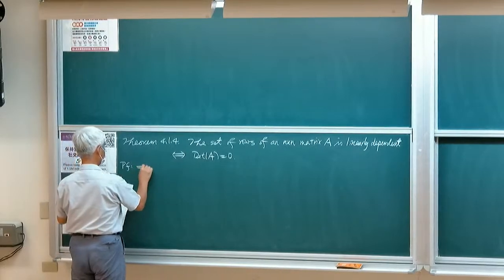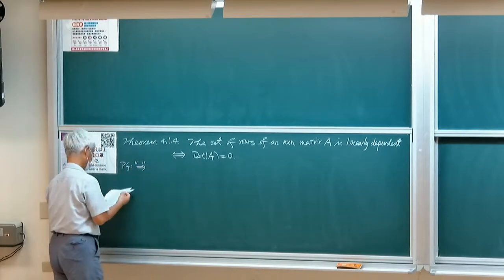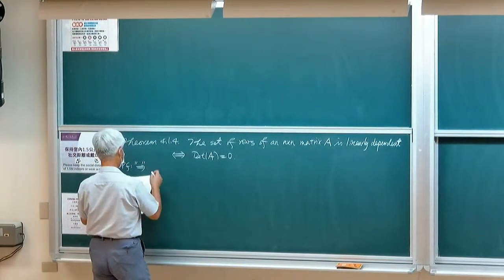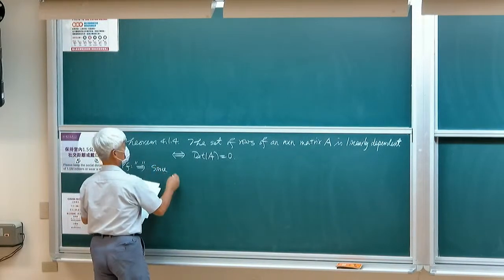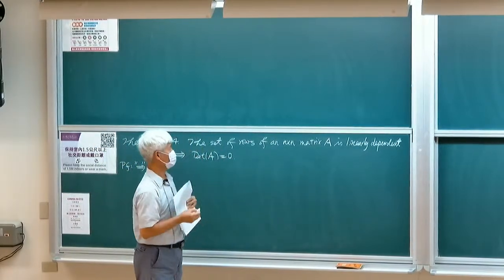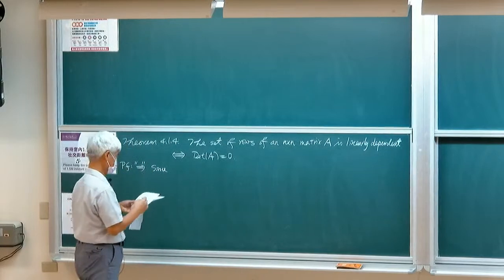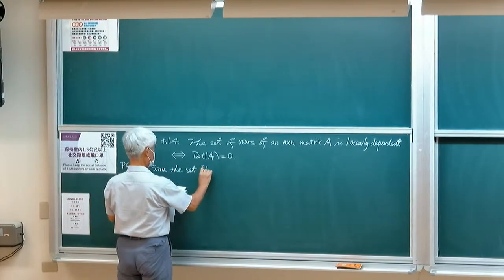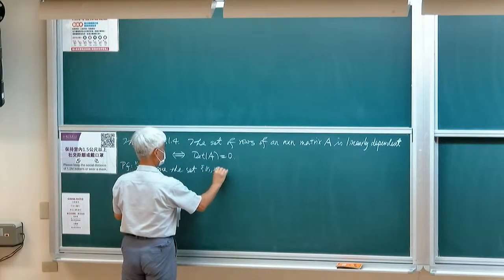Okay, so we first prove the forward part. Now, we assume the set of rows of matrix A is linearly dependent.